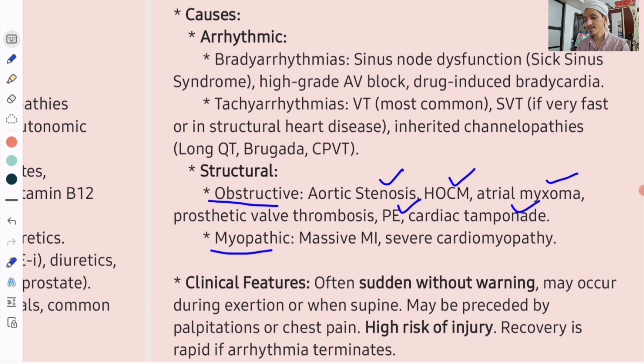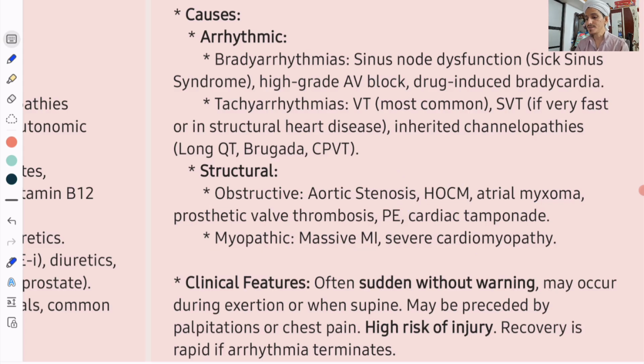Myopathic is due to ischemia, MI, or severe cardiomyopathy like dilated cardiomyopathy. In India, dilated cardiomyopathy is the most common cause of cardiomyopathy. So either myopathy or obstruction are the structural causes. This is important.